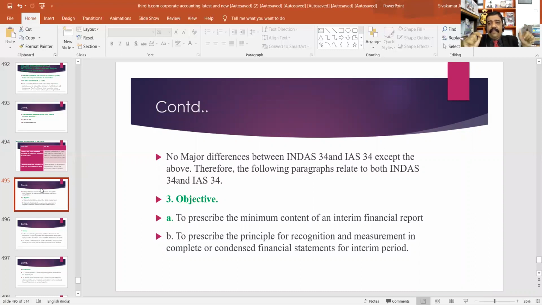As per Ind AS 34, you may prepare either complete financial statements or condensed financial statements. Therefore, this standard prescribes the principles for recognition and measurement in complete or condensed financial statements for an interim period.